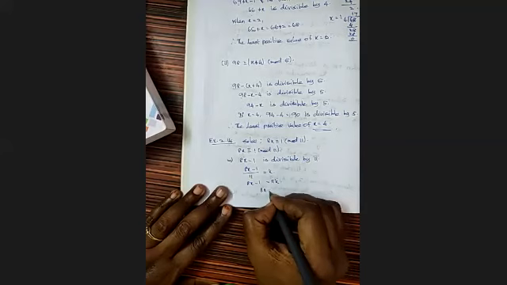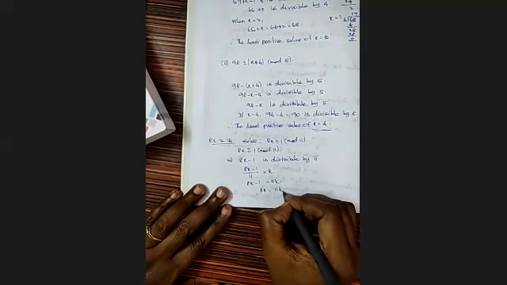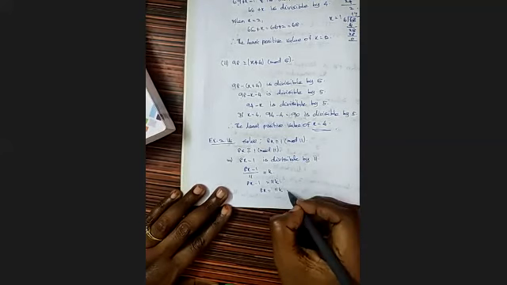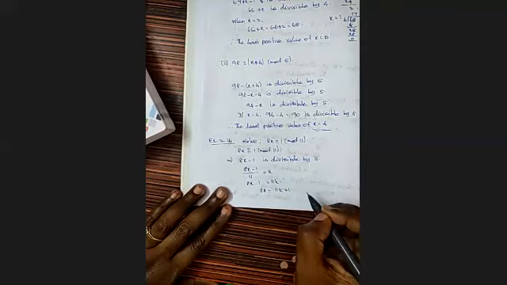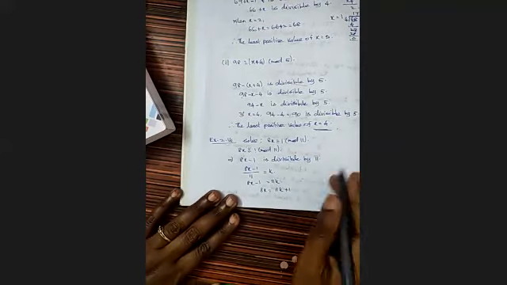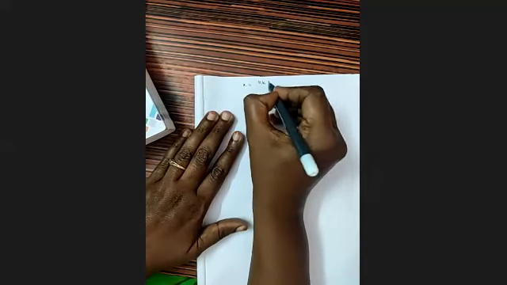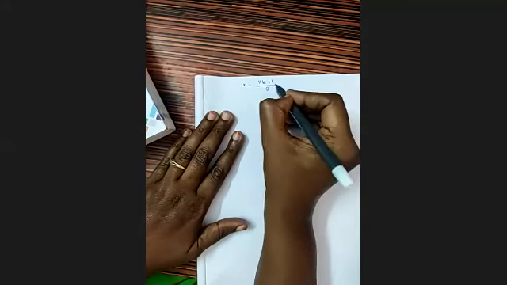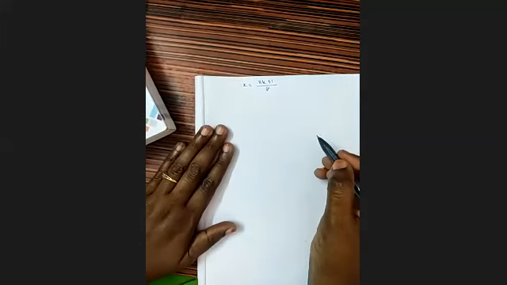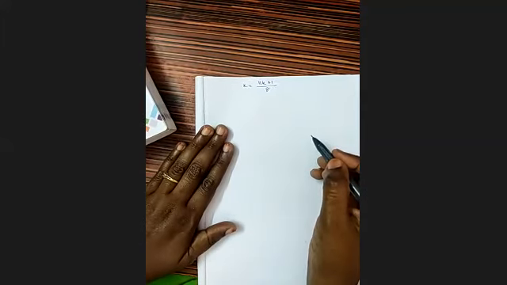That is 8x equal to 11k. When this minus 1 comes to this side, it will become plus 1. 8x equal to 11k plus 1. That is x equal to (11k plus 1) divided by 8.